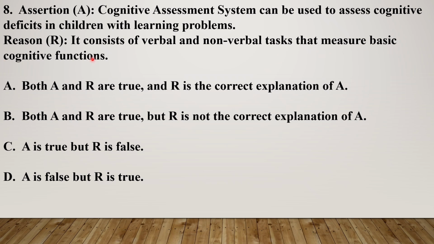This is also true, and this is the right explanation because it is measuring basic cognitive function. We are able to assess whether someone is having a cognitive deficit or not. So the answer for it will be A. That is, both A and R are correct, and R is the correct explanation of A.